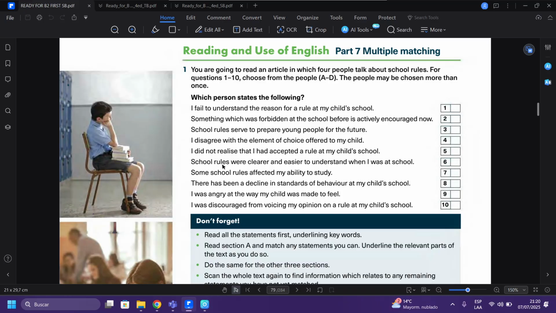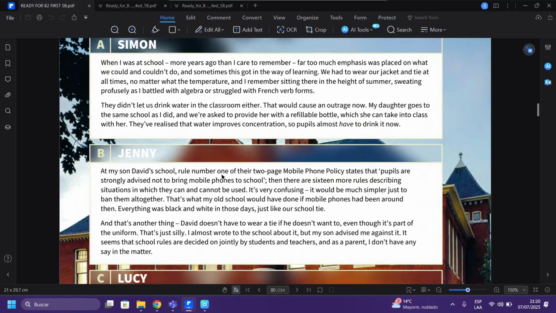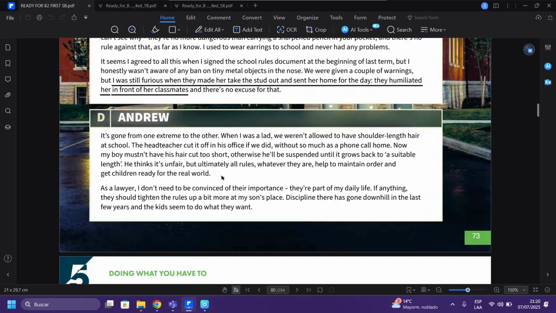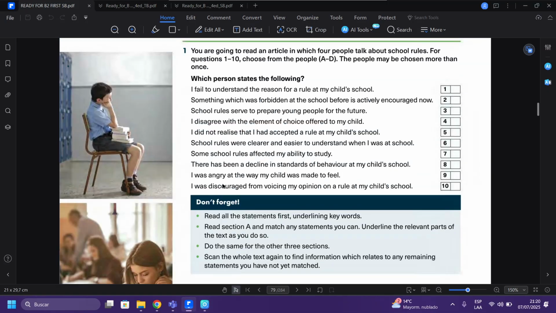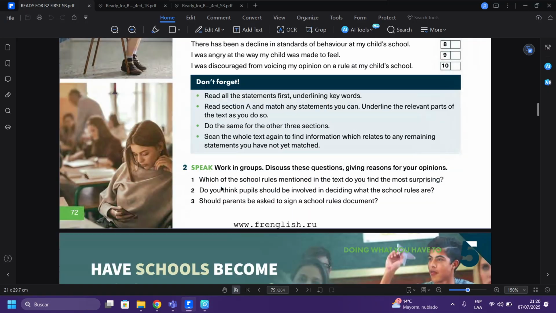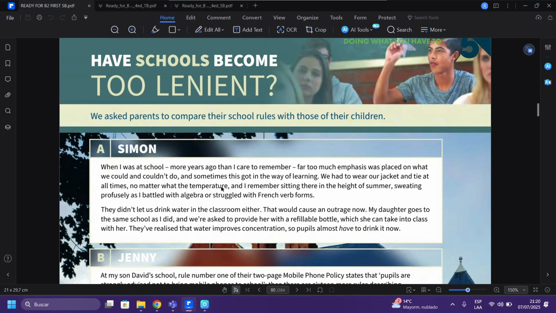You have the reading here. You have 4 people, and you have to write A, B, C, or D for every single number. So please go ahead, you have 15 minutes.